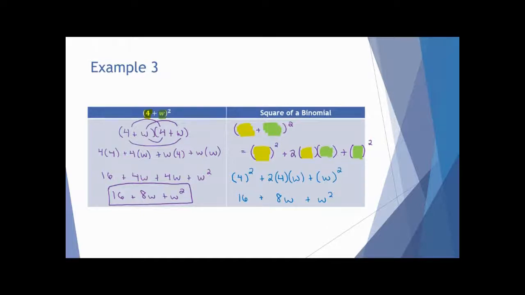But you guys are just learning this stuff, so I'm not expecting this to be easy for you, because you're just learning FOIL and now we're throwing in a shortcut. So if you can see the pattern and it makes sense, go ahead and use the shortcut. But you don't have to use it. I'm just providing it to you because sometimes people really connect with it and it makes sense to them, but some don't. So do you guys have any questions on this example?